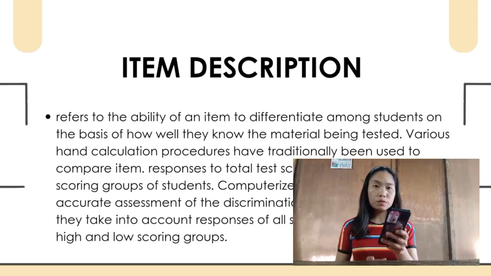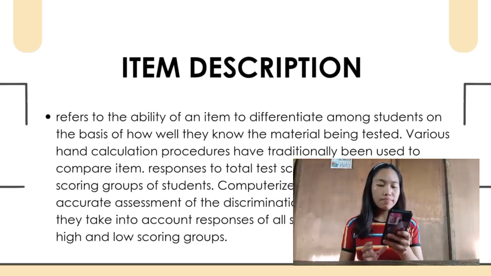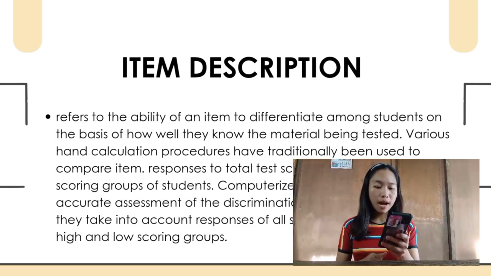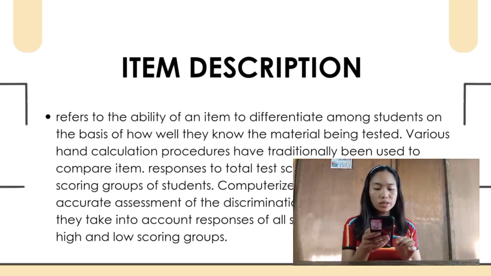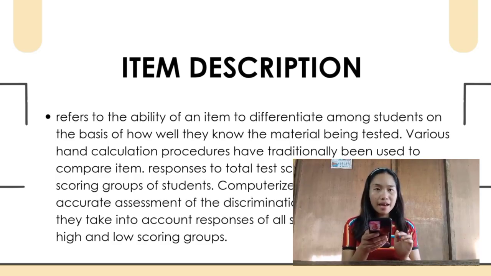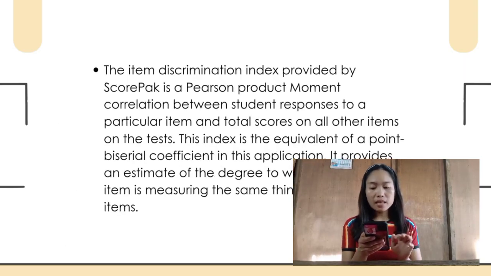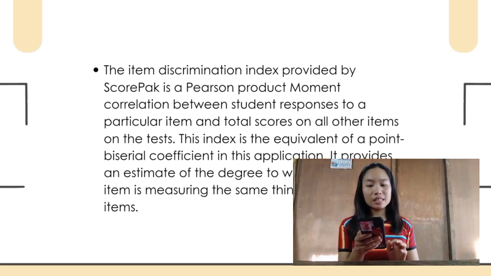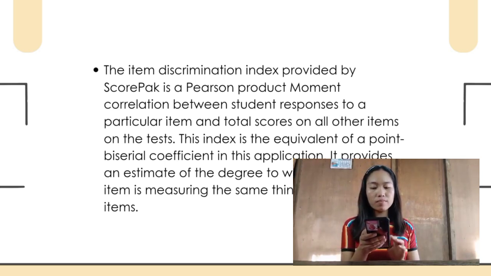Various hand calculation procedures have traditionally been used to compare item response to total test scores using high and low scoring groups. Item analysis statistics provide a more accurate assessment of the discrimination power of items because they take into account responses of all students rather than just high and low scoring groups.